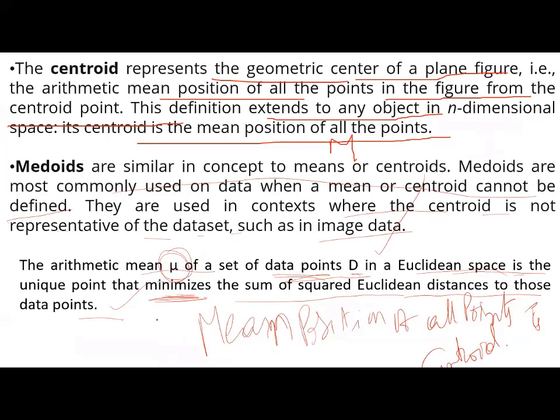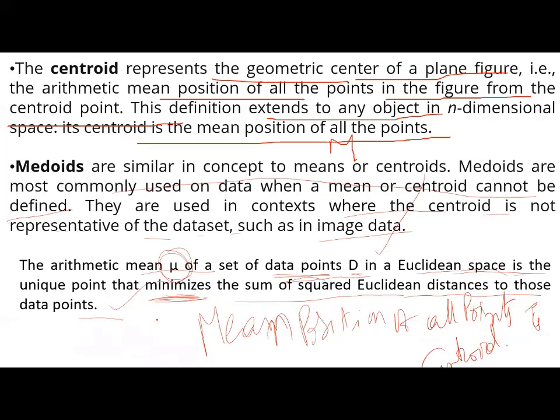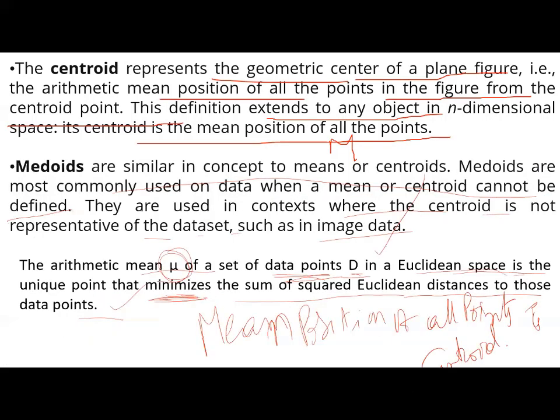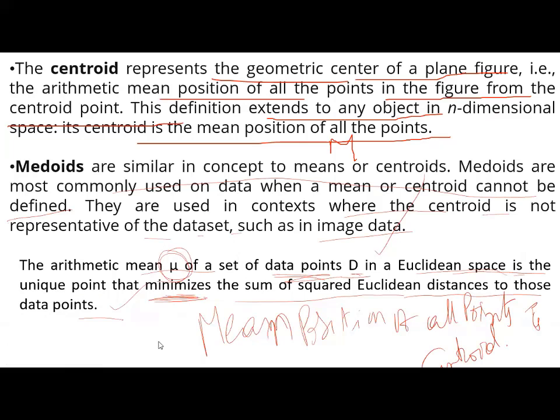Centroid is very simple; it is the arithmetic mean, also called the geometric median, which is mu. Hope you understood. This is all the terminology of distance-based machine learning. We will see more in the next class.